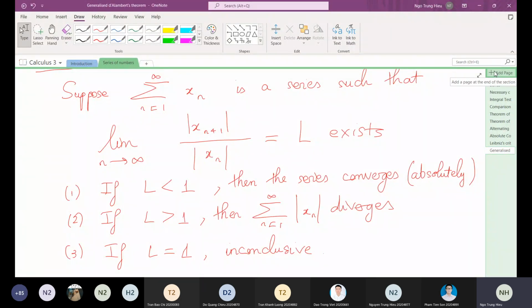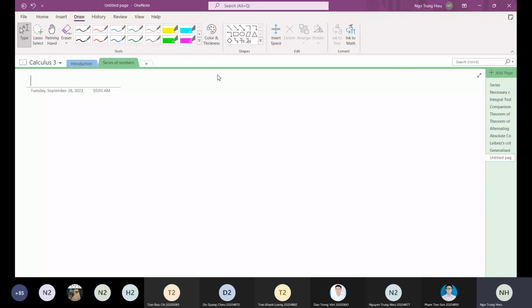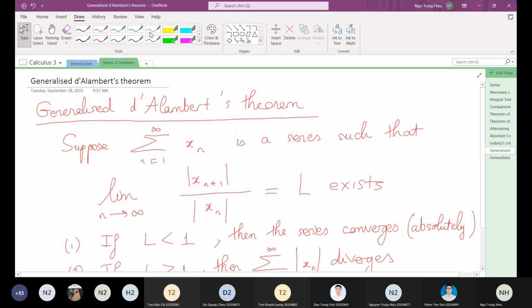Now we have also a generalized Cauchy theorem. Maybe we can say Cauchy theorem or Cauchy criterion. Right? So let us change.